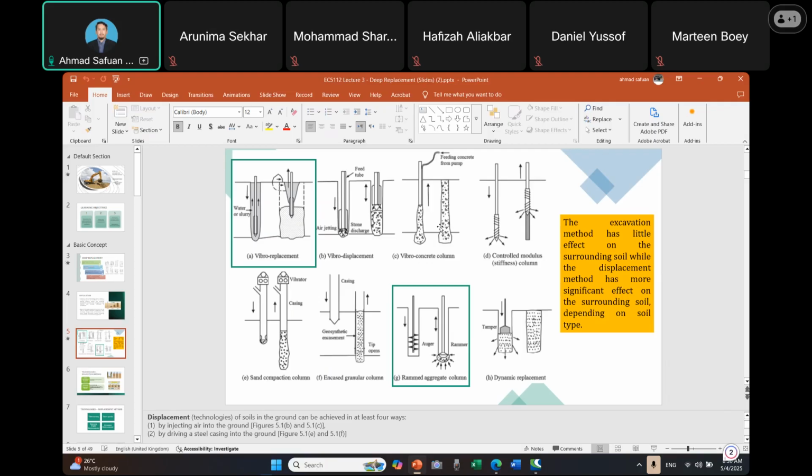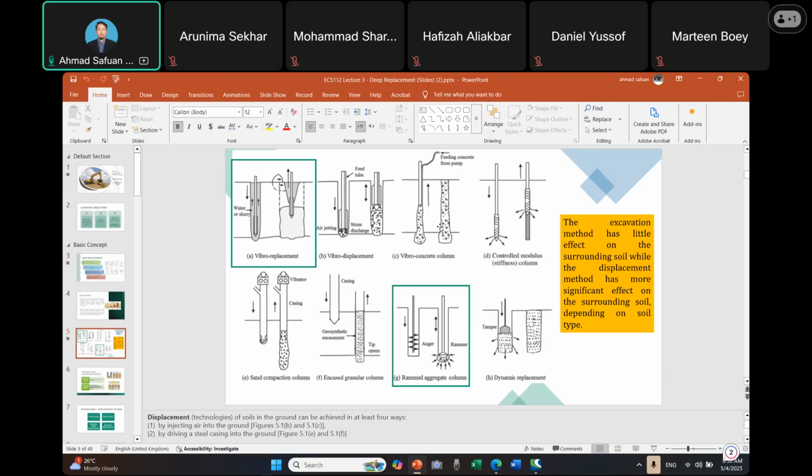So B and C are methods using displacement, by driving a steel casing into the ground. For example, E and F, they use a special casing.